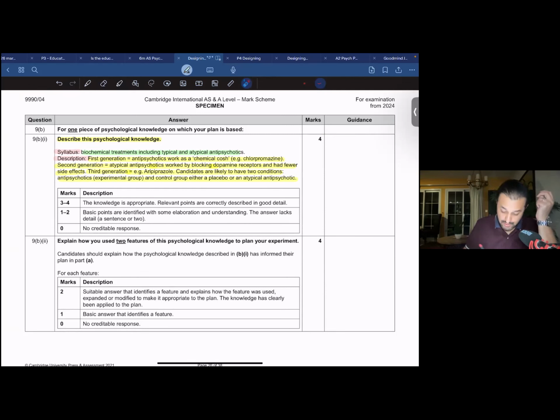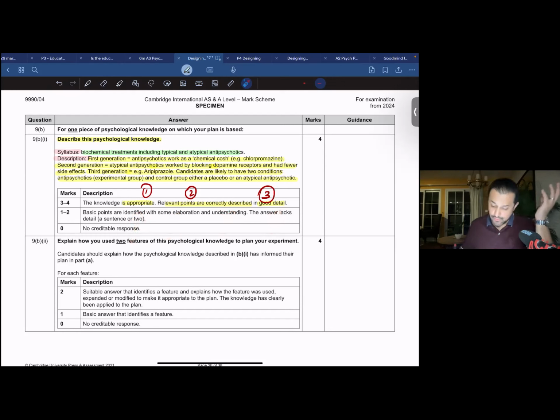Now, what is the marking criteria here? The knowledge is appropriate, relevant points are correctly described in good detail. So let's just keep these 3 points as a criteria. If we want to score a 4 on 4 over here, remember, we are expected to provide the psychological knowledge that is appropriate, it is relevant, and you've correctly described it along with detail, right?